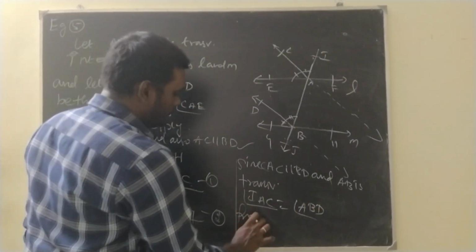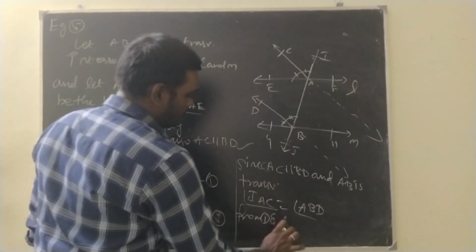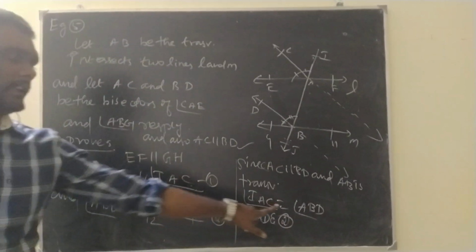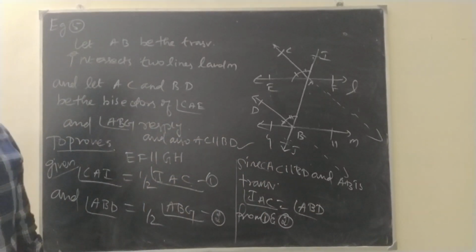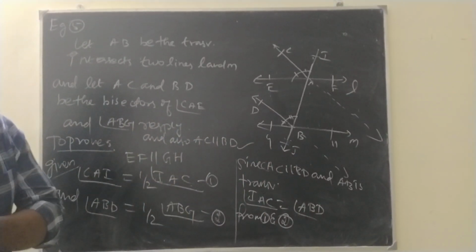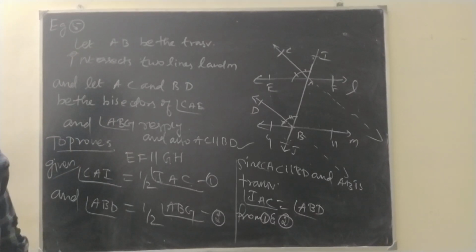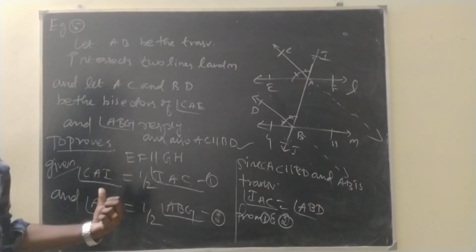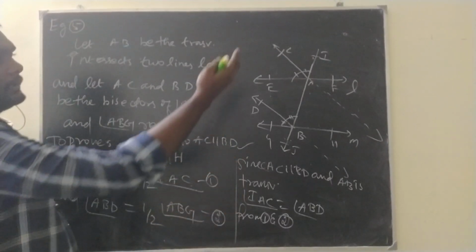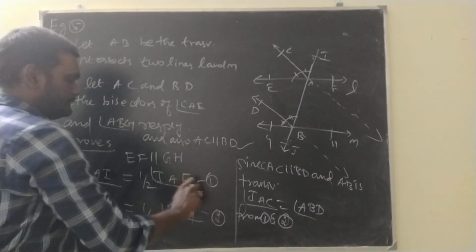Then from 1 and 2, this half of IAC is equal to half of ABD. Is it or not? Oh, my bad. CAI and ABD. Then this is correct now. IAE like that. Sorry.